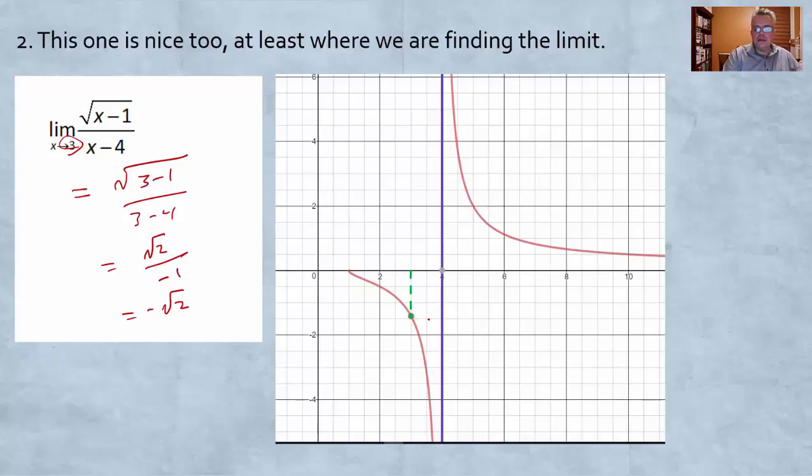So that's where this is right here. It's a little shy of minus 1.5. So lovely. As long as we're not finding the limit where the denominator is 0, no problem.